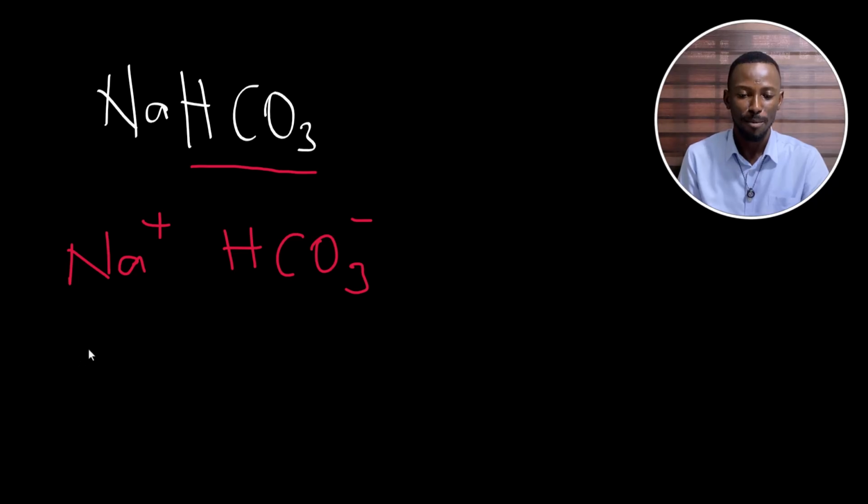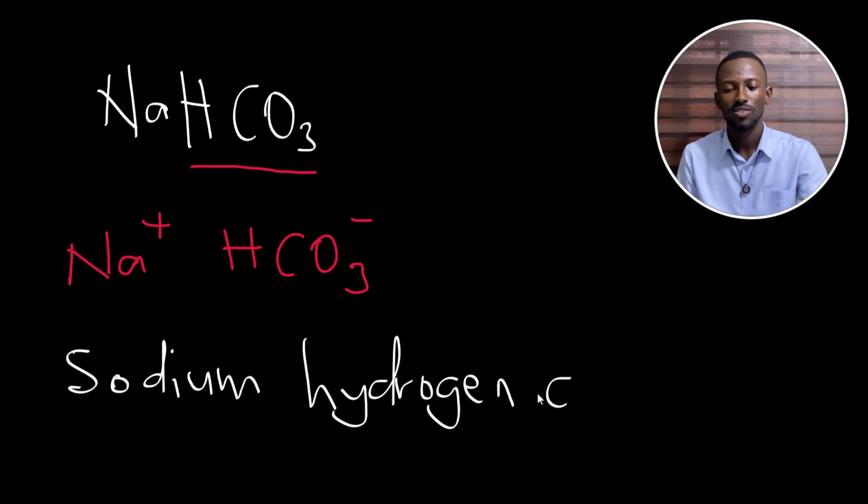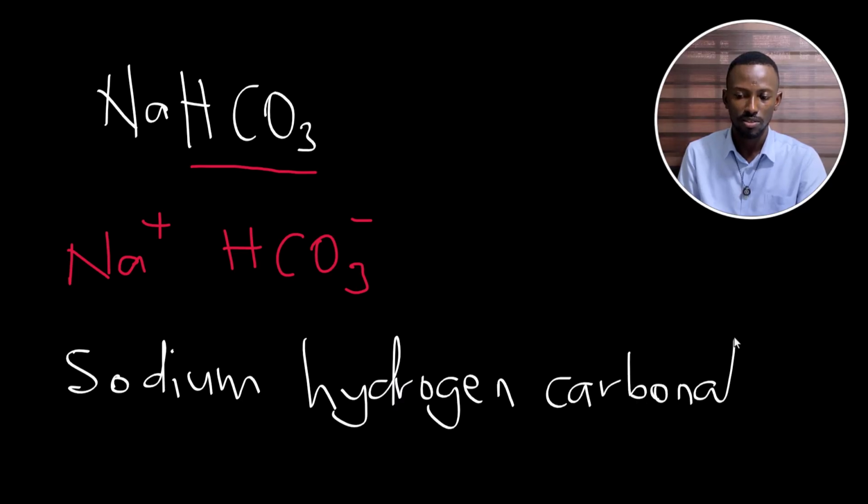You can pause the video and name it and let's see. Okay, so if you are back, the name of this compound is what? Sodium hydrogen. I guess you got it right. Sodium hydrogen what? Sodium hydrogen carbonate. Simple.